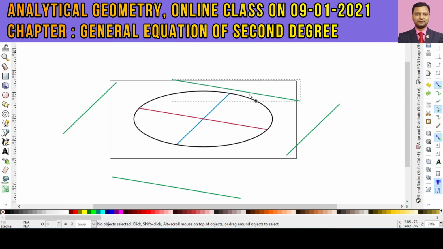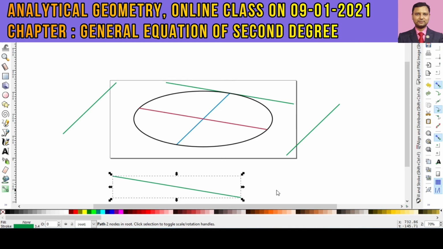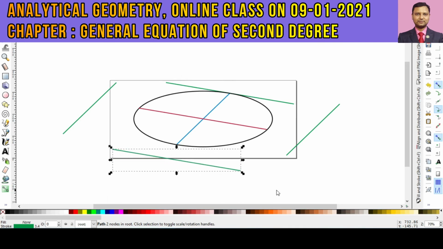And the conjugate diameters have the property that if we consider two parallel chords, parallel to these red straight lines, then the two parallel lines at their endpoints will simply touch the ellipse.